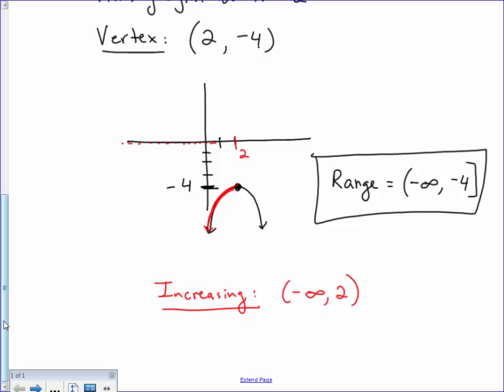Remember that increasing and decreasing intervals are always open, so negative infinity to 2, both open parentheses. And then you would be decreasing, or going downhill, on the other side of your graph. So that would be from 2 to positive infinity along our x-axis.